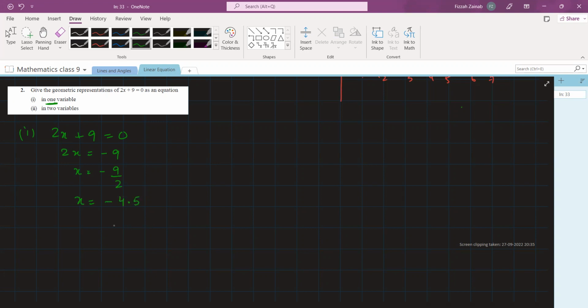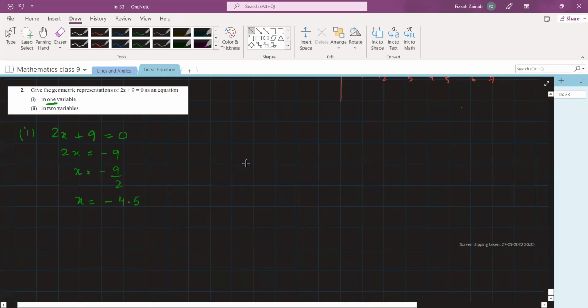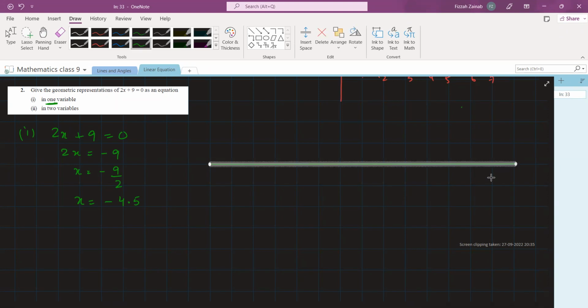When you have only one variable, you need only a number line. Clear? So there is no Cartesian plane here, only a number line. Is this understood? Now, because I have to go in the negative direction, I can take my 0 here, because I don't even have to go on the positive side. So this is 0, and here you can take 1, 2, 3, 4, 5, 6 like this.